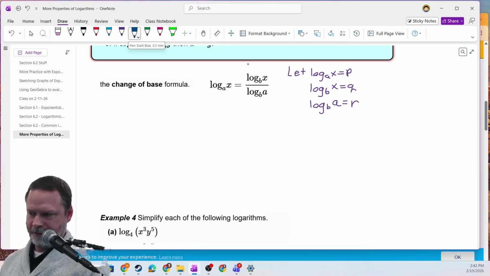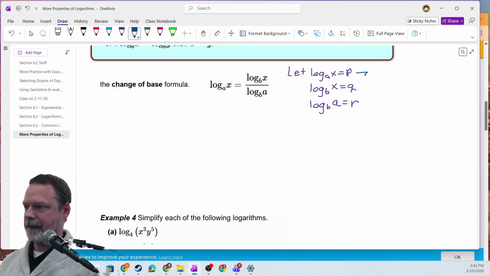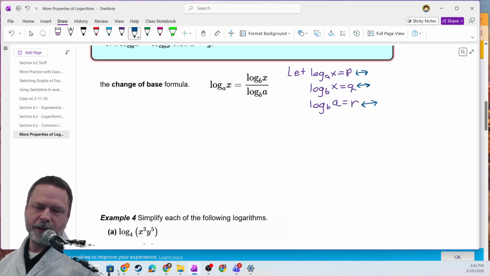Then what I'm going to do is use, again, our definition of logs to rewrite this in exponential form. Because it's so much easier just working with exponents, right? We like exponents. We're used to them. Let's go back to exponents.